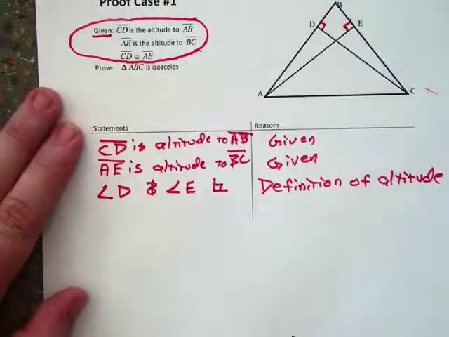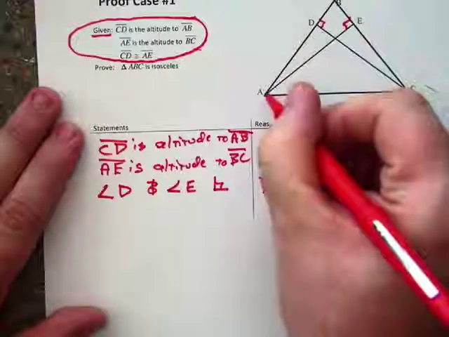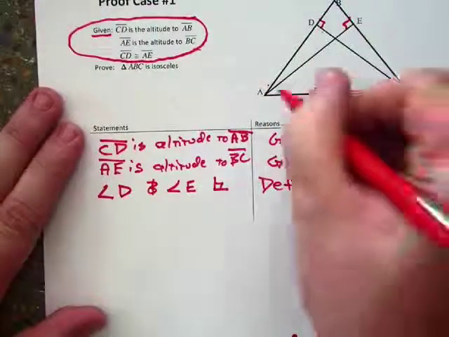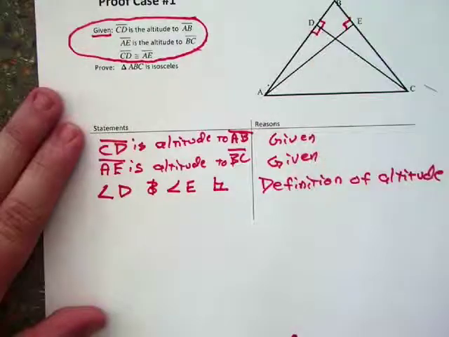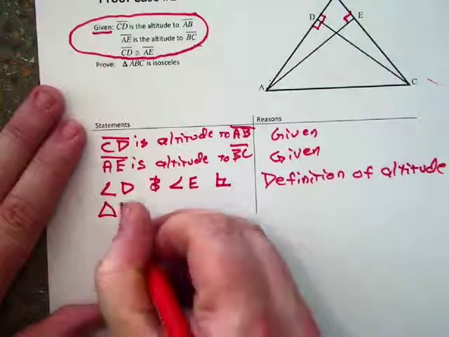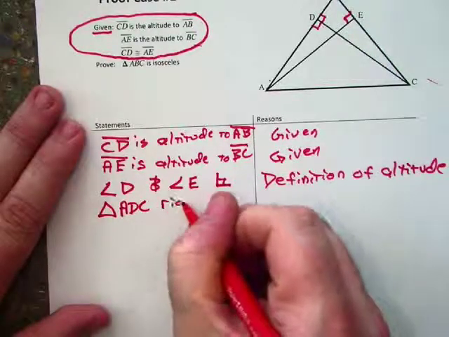Okay, well now what does that tell us? Well, that tells us that this triangle, ADC, is a right triangle, because if that's 90 degrees, then we know that triangle ADC is a right triangle.